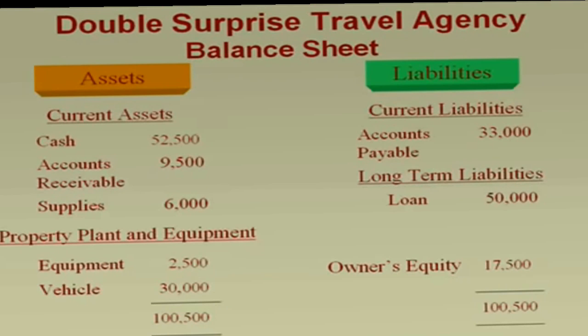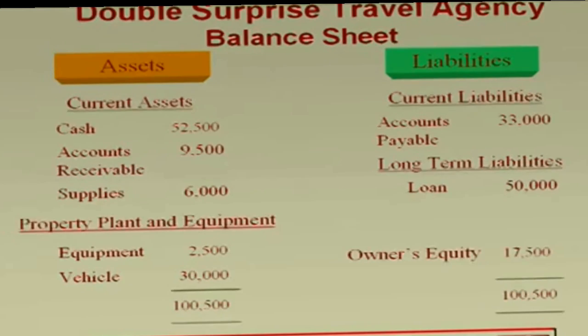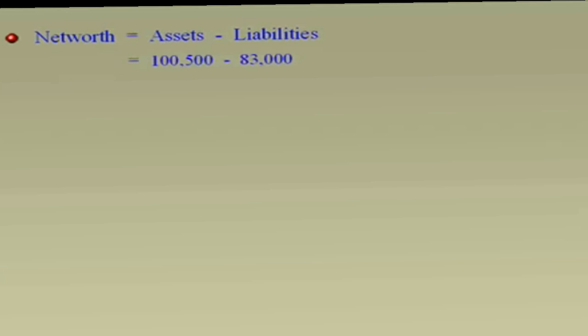Here we go. Net worth is assets less liabilities. What was the assets column? 100,005. The liabilities, that's the money the business owes outsiders, is 83. So the net worth is 17.5. Does that number look familiar? Of course, it's equity.